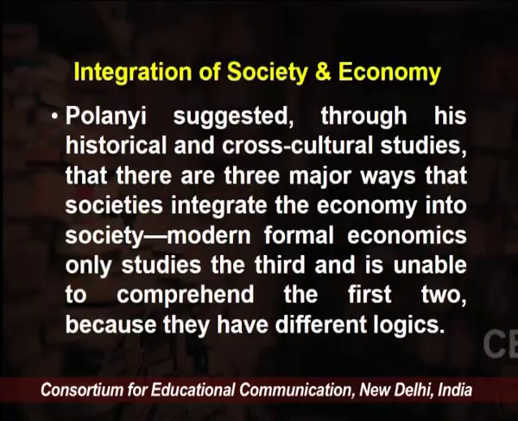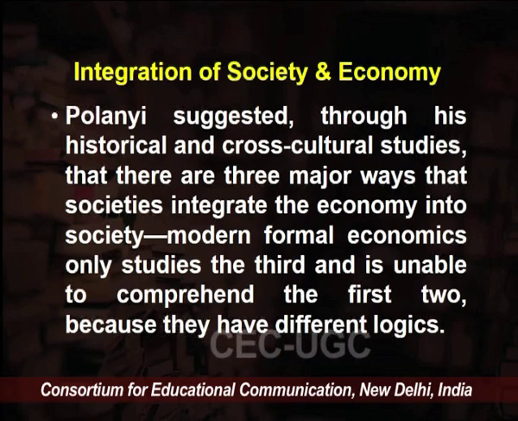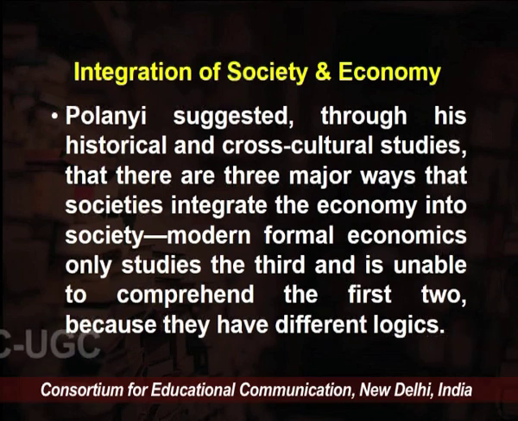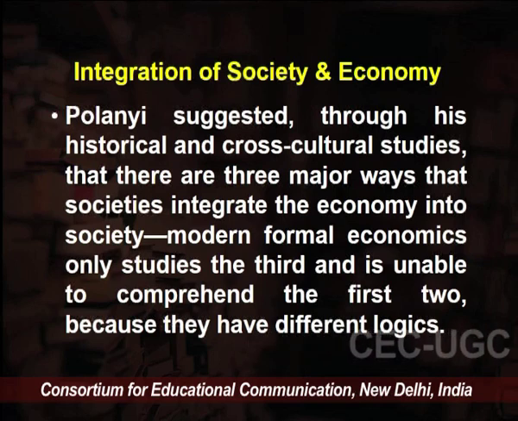Polanyi suggested through his historical and cross-cultural study that there are three major ways the societies integrate the economy in. So, the integration between the society and economy can take place in three ways, and these are considered as reciprocity, redistribution, and market exchange.